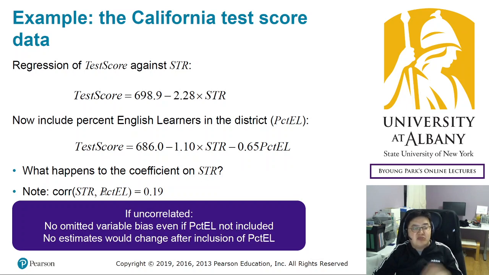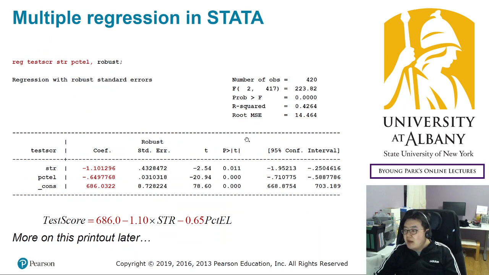So when there is no correlation between this and this, it is another kind of brainstorming practice. And let's see what you get from STATA. In STATA, first look at the code. Maybe later I will demonstrate STATA using the homework.